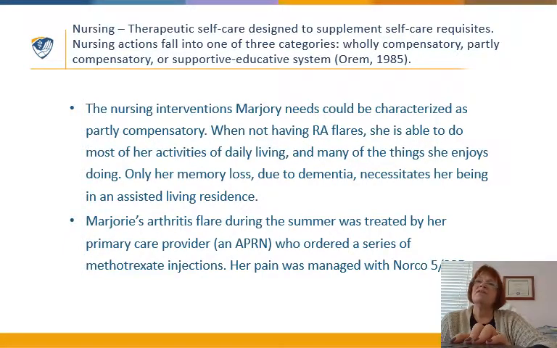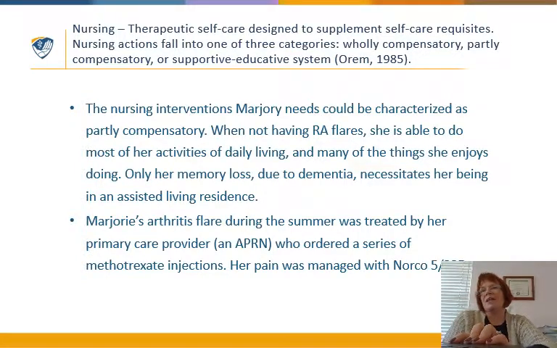The nursing interventions Marjorie needs could be characterized as partly compensatory. While not having any rheumatoid arthritis flares, she's able to do most of her activities of daily living and many of the things she enjoys doing. Only her memory loss due to dementia necessitates her being in an assisted living residence.